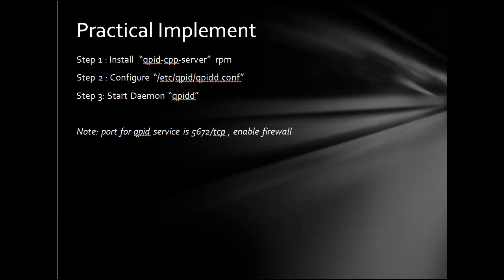The software we will use is qpid-cpp-server. Second, we configure a file, that is qpidd.conf. Finally, we start our service, the daemon called qpidd, right? These are the steps, but I'll just go to our Red Hat version 7 and tell you how to do these things, right? So these are the steps.